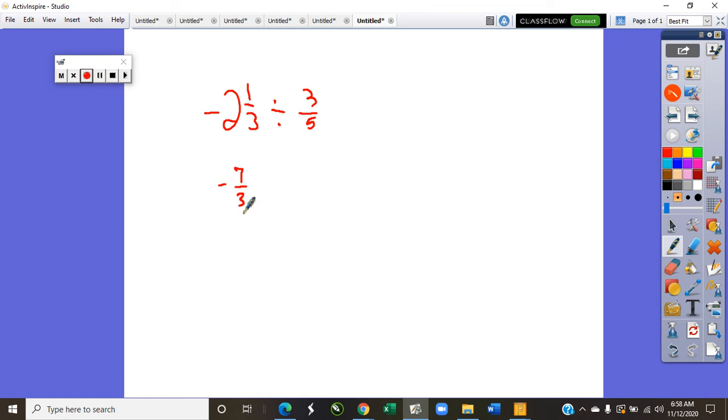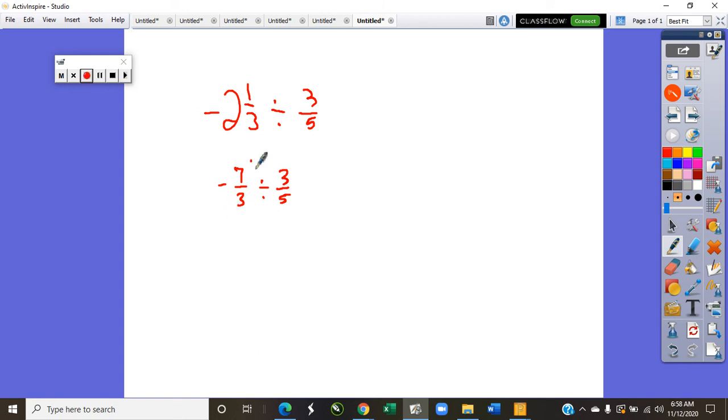So negative 7/3 divided by 3/5. Now, I'm just going to copy, dot, flip. So negative 7 over 3. By the way, when you see these 3's on opposite sides, I haven't flipped them yet. So don't think you can cross cancel these before you flip them. You'll mess it up.